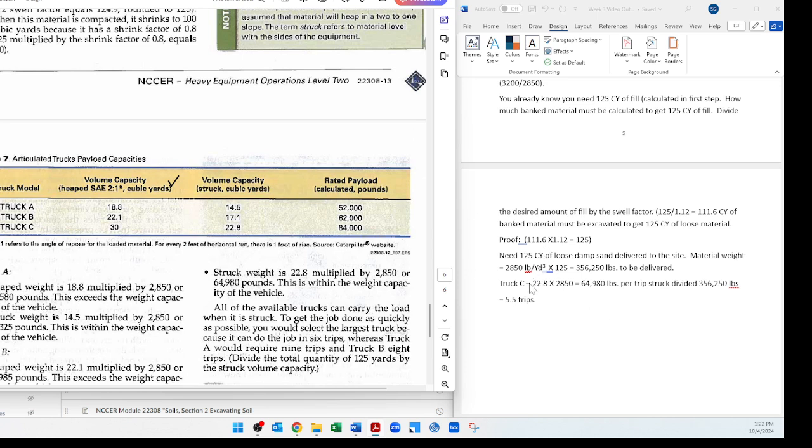Right here's where I did truck C. Right here is the loose material weight, 2,850 pounds per cubic yard. We need 125. There's the total weight.